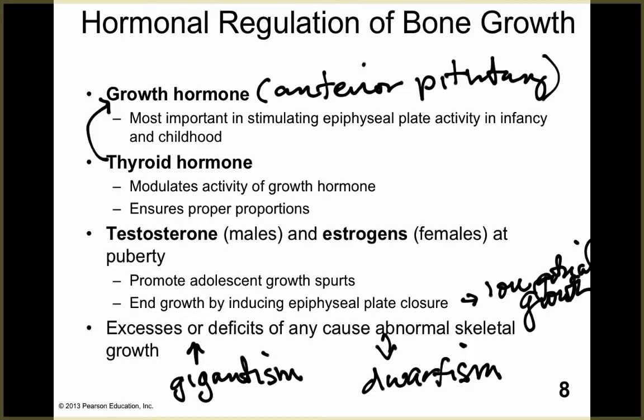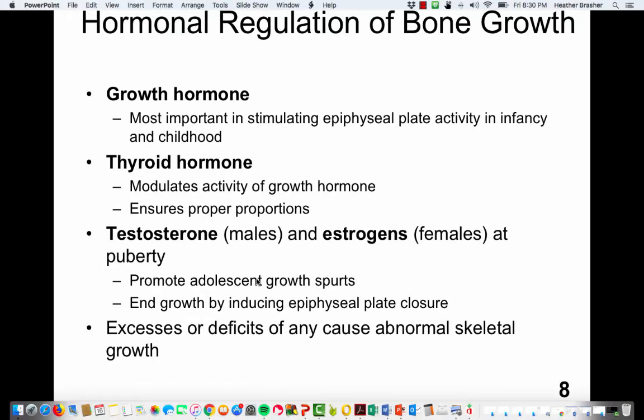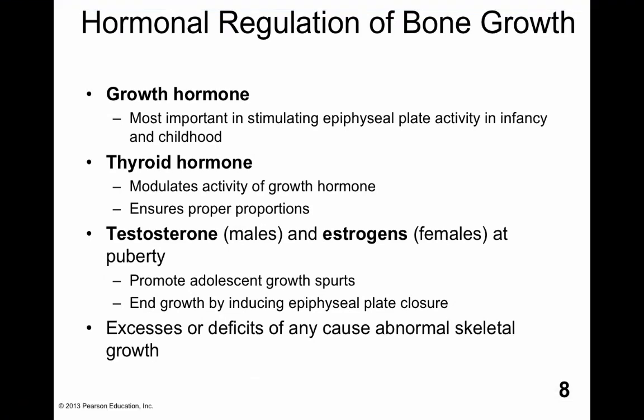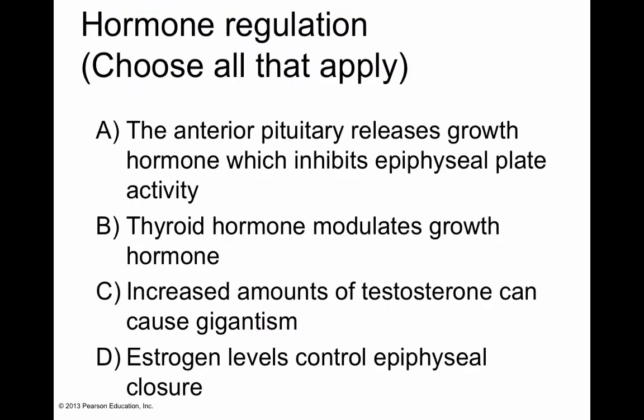If those genes alter these balancing or normal hormonal sequences, then you can get either too much of it, which causes giantism, or too little growth hormone being released, which causes small stature. So that's longitudinal growth.